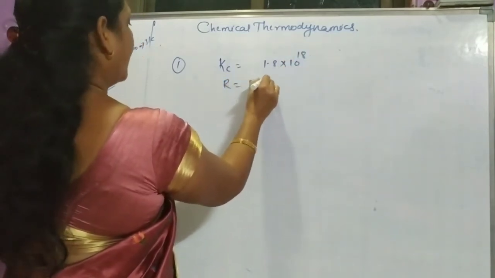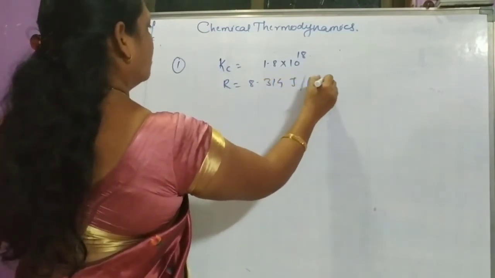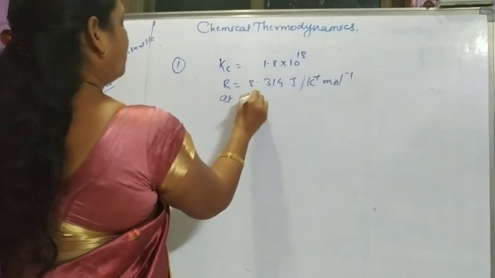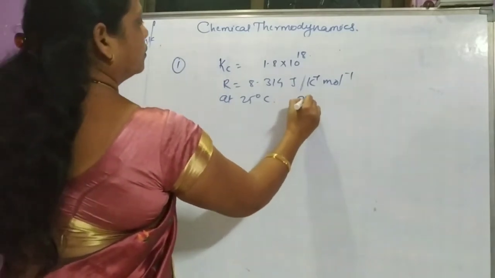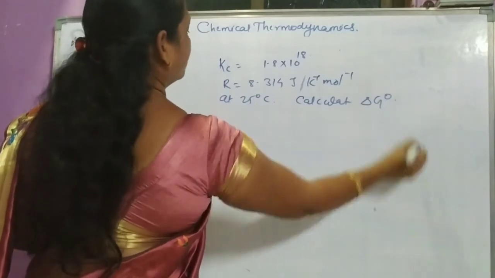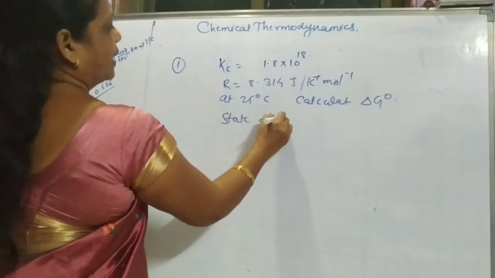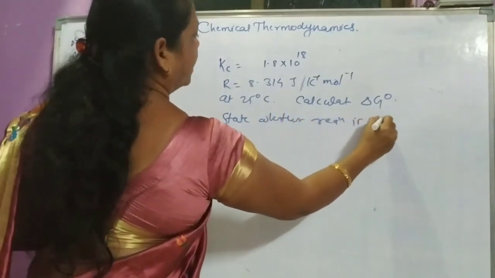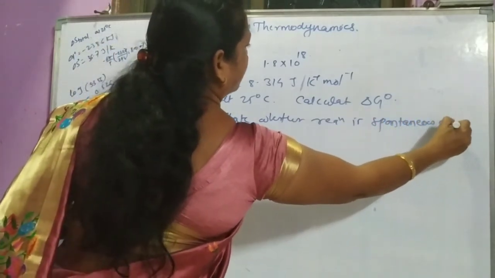R is equal to 8.314 joule per Kelvin per mole at 25 degrees Celsius. Calculate del G0 for the reaction and state whether the reaction is spontaneous or not.